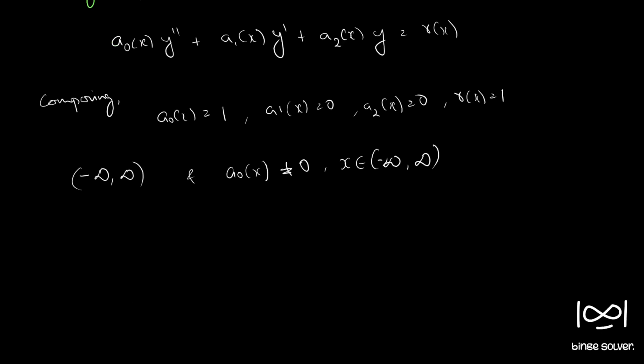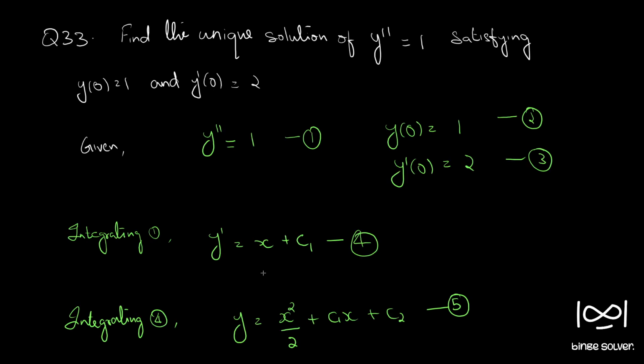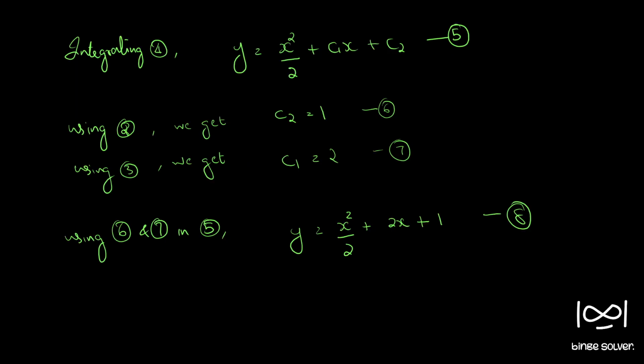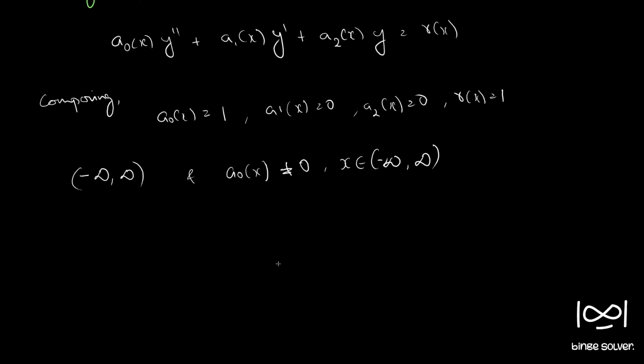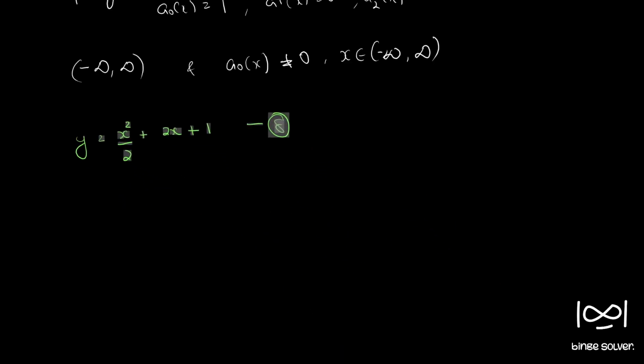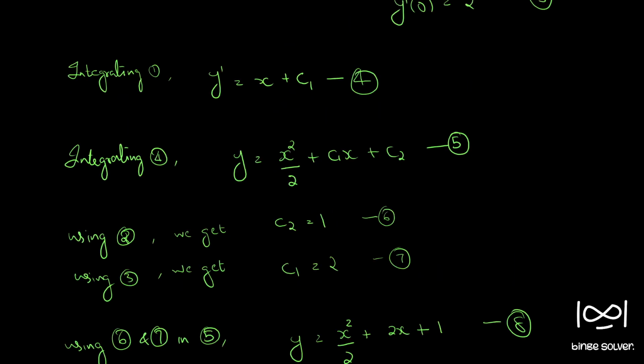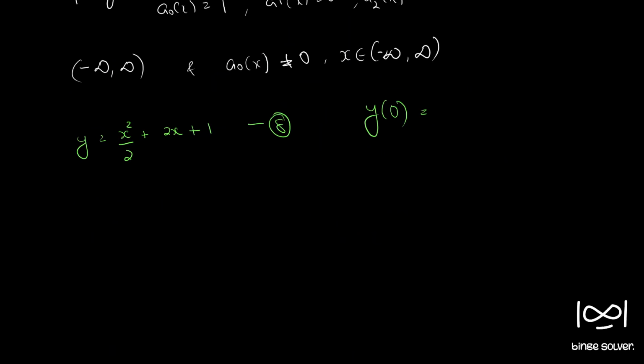So we can say that there exists a y of x with our initial values, y of 0 equal to 1 and y dash 0 equal to 2.